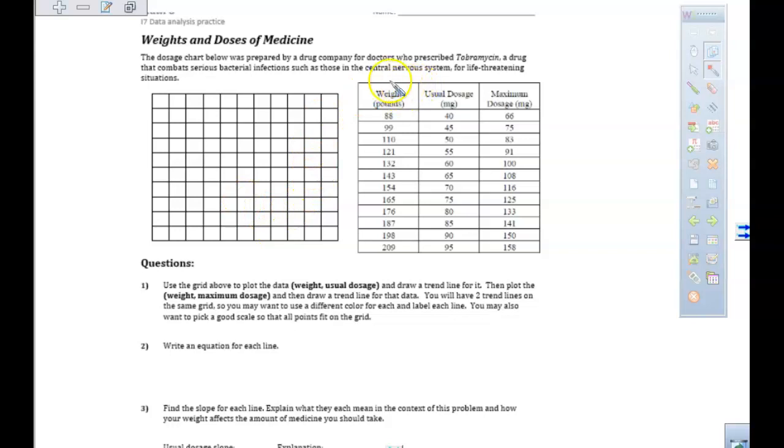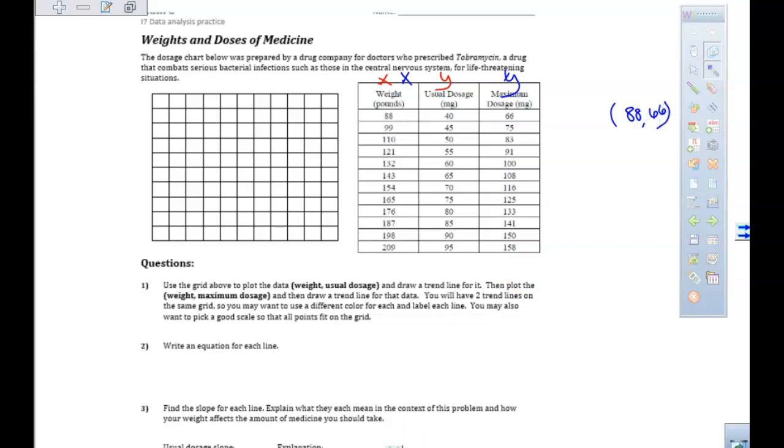So this one, you're going to look at the weight as you are doing it, and this is your y. That's one ordered pair. Maybe you want to use colored pencils, and this is your x and this is your y. So if I was graphing the blue point, I'm graphing 88, 66.